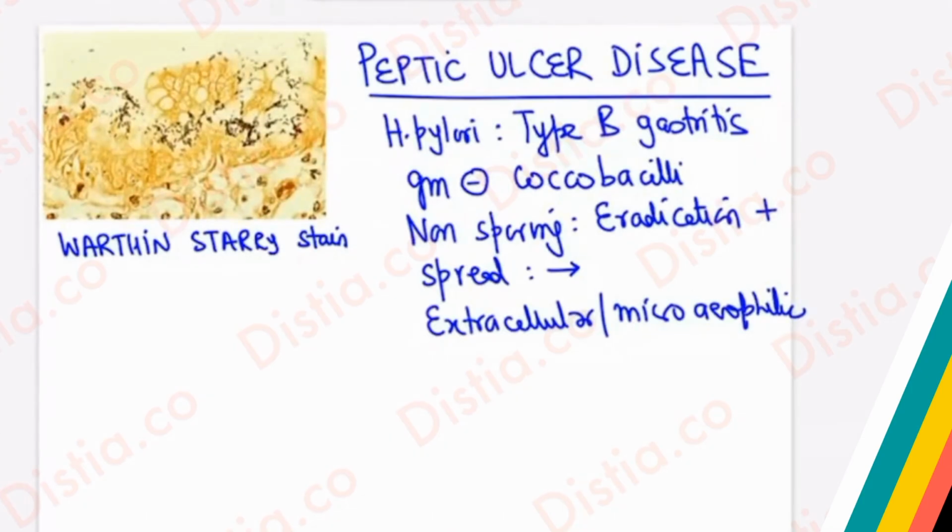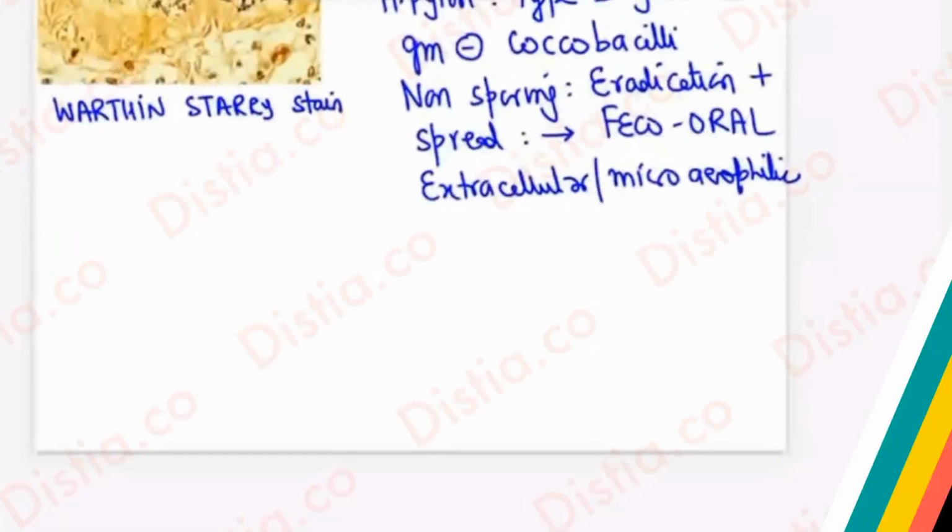Well, how does this organism spread? Your correct answer would be the route of spread is fecal-oral, which explains to you the fact that the incidence of peptic ulcer disease is more in developing countries as compared to developed countries, because obviously fecal infection will be commoner in developing countries. Now let us look at what is the trouble that this bacteria is causing.